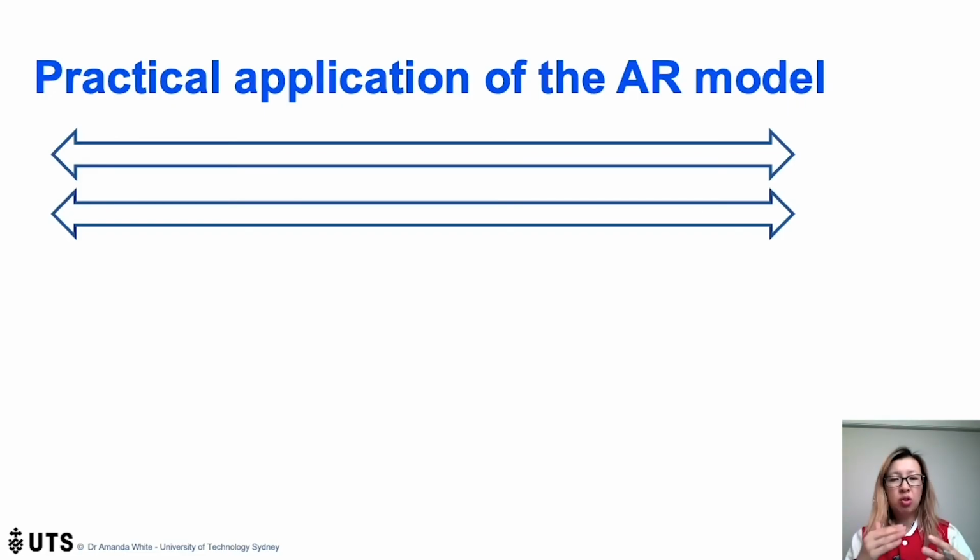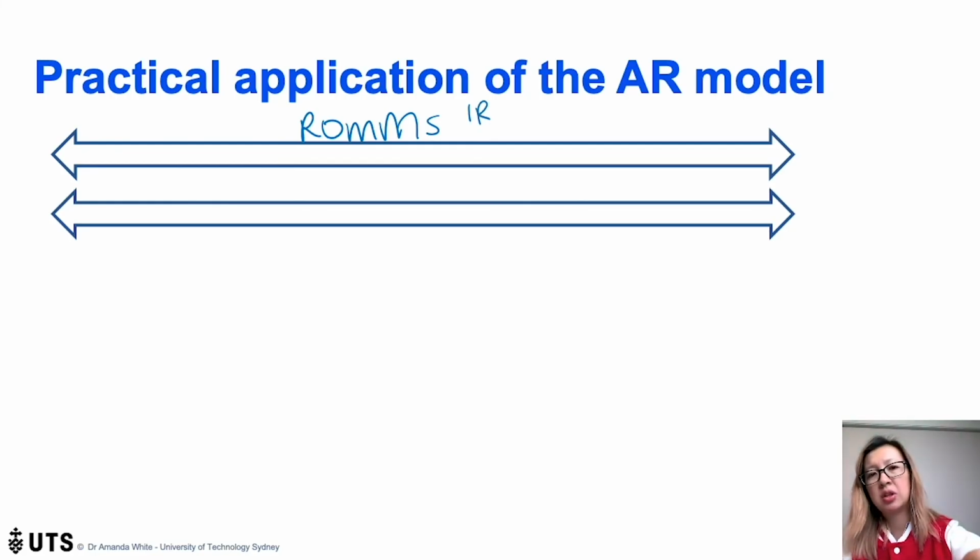Well, I'm going to draw a little diagram here. First up, I'll do this in blue. I'm going to have my ROMMs, my risk of material misstatement, all right? And that's made up of inherent risk and control risk, okay?